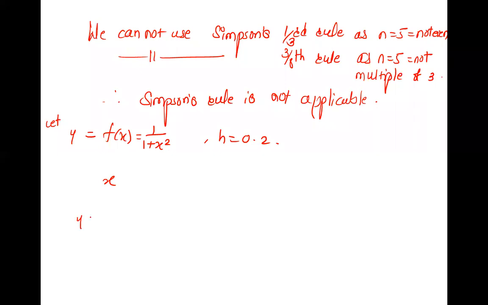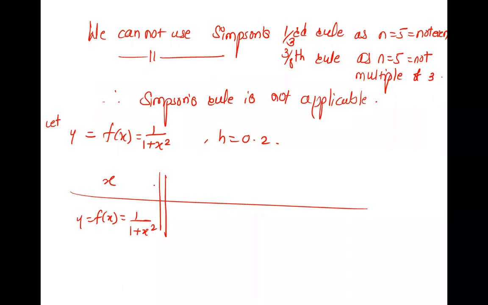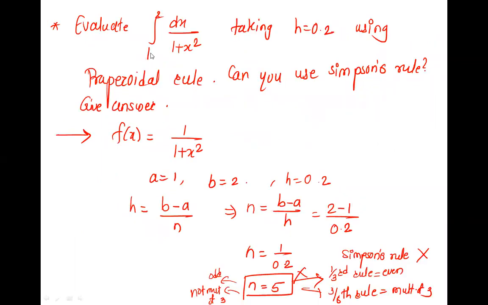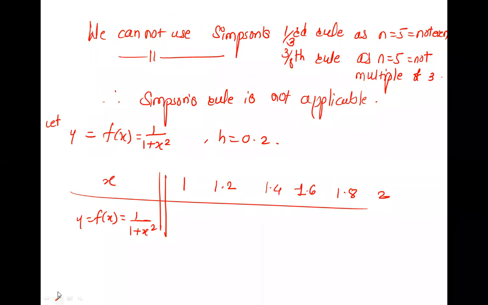So x starts with 1, and the difference is 0.2: 1.2, 1.4, 1.6, 1.8, and we are going up to 2, from 1 to 2 with step size 0.2.